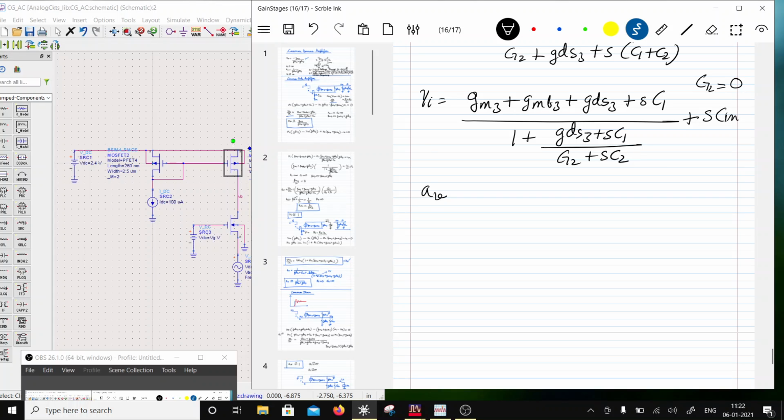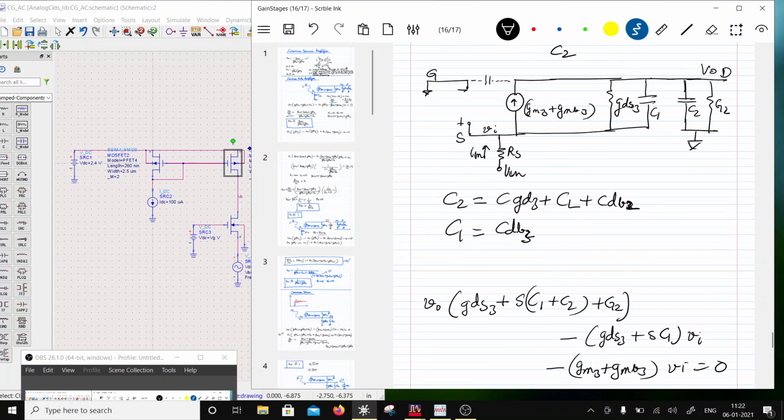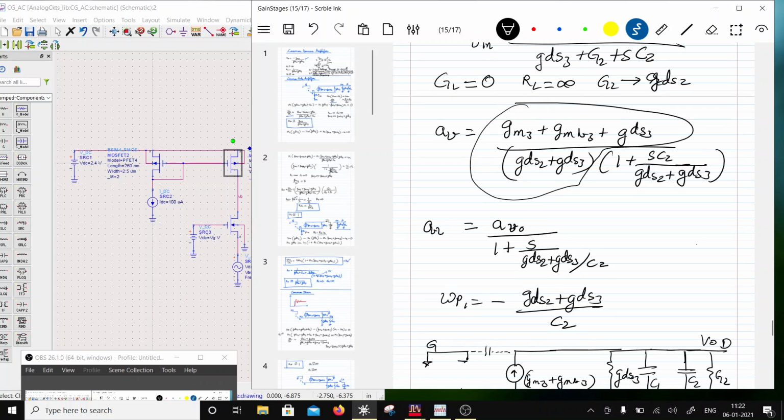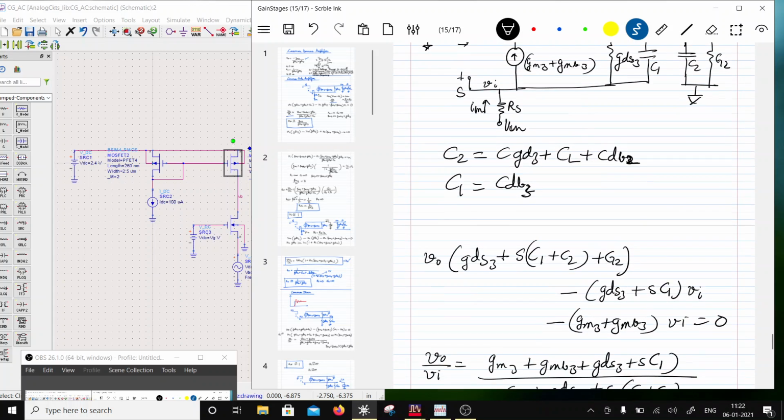So this term GS by GS plus YI would be tending to 1 because GS is infinity. So I will be left with AV will be approximately equal to GM3 times of, so if you remember, it was GM3 over here, right? Over here AV0 was GM3 plus GMB3 plus GDS3, right?